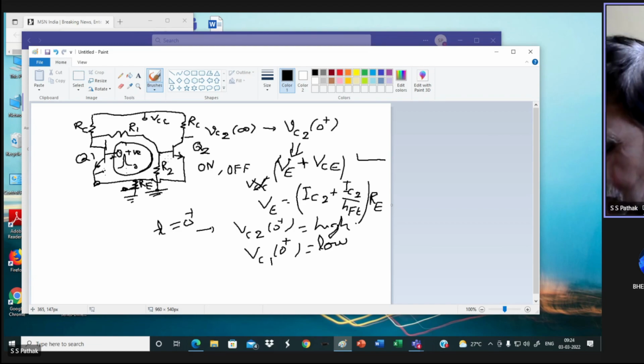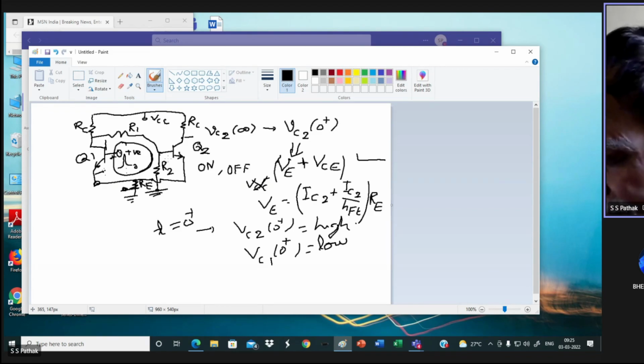Voltage. Second trigger, how does it control?